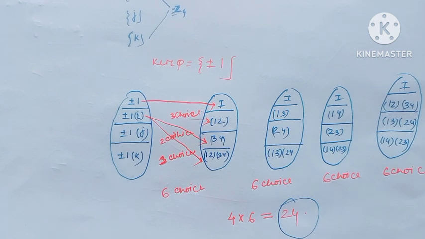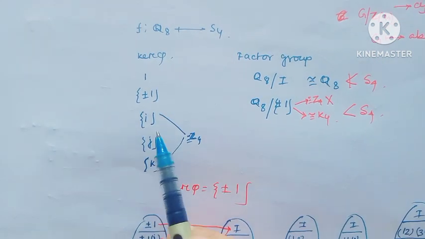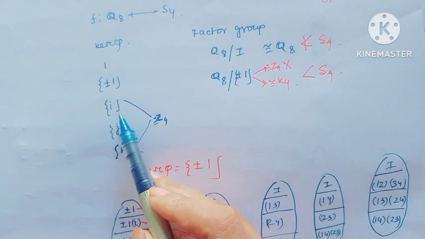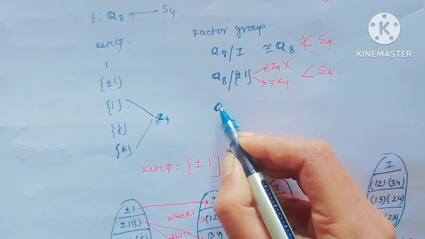Okay. Next I will see when the kernel is the subgroup generated by i.